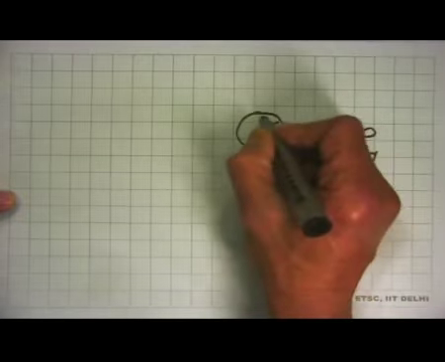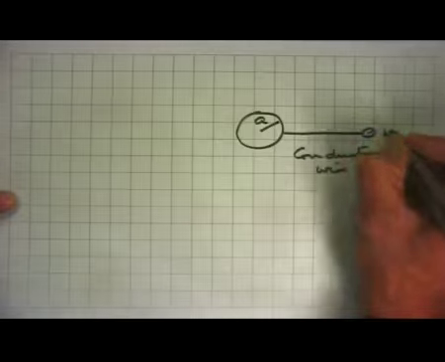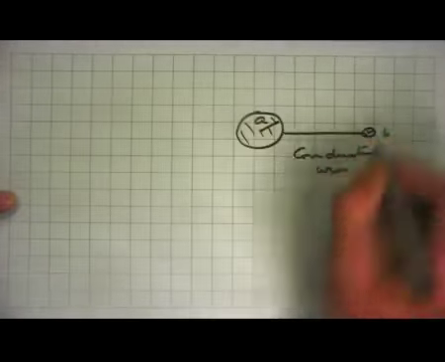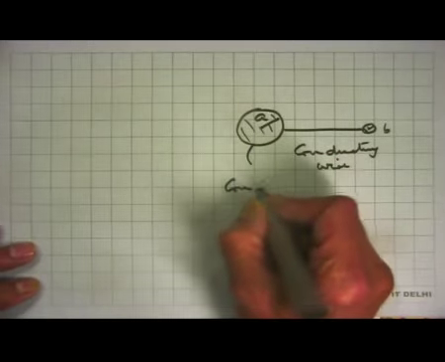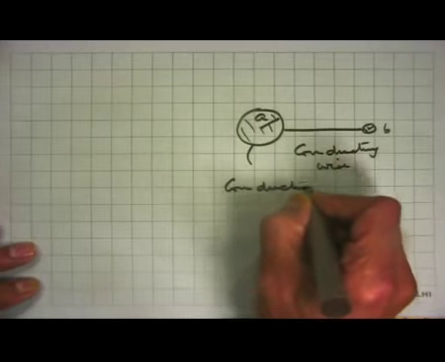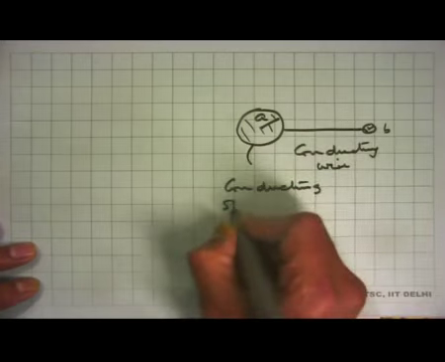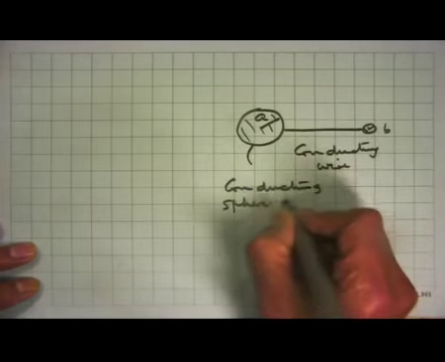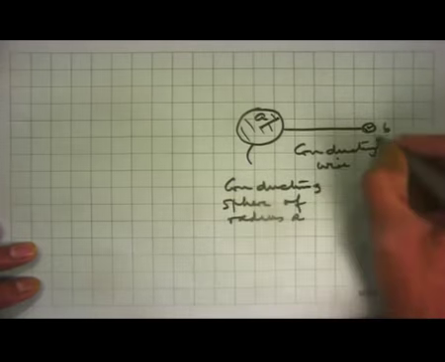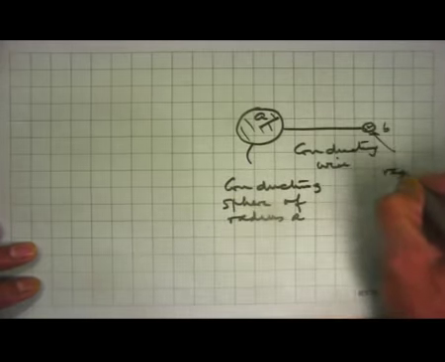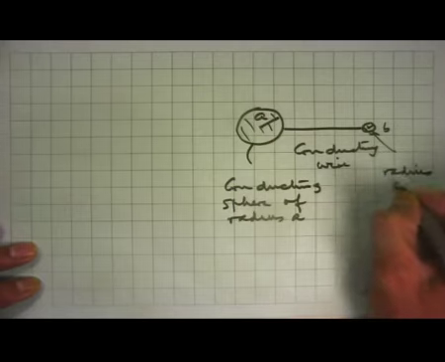So, this is radius A, this is radius B, both are conductors, and this is the conducting wire.